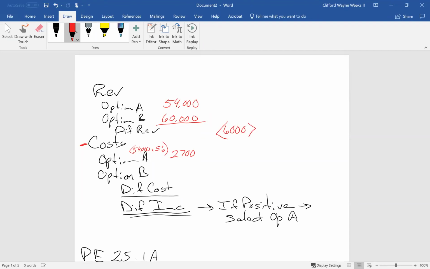Then, if we leased it, we're going to incur $85,000, not $85,000, $8,500, which would then give us $58 negative.